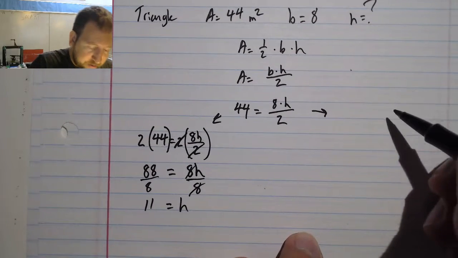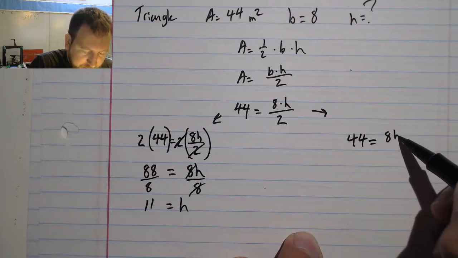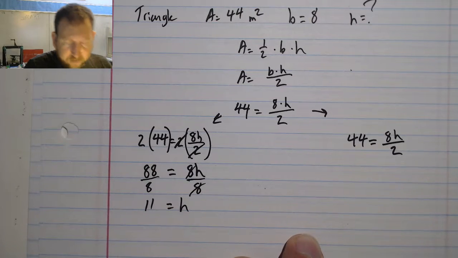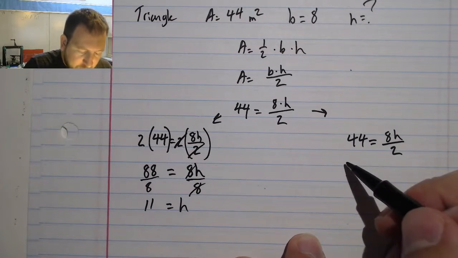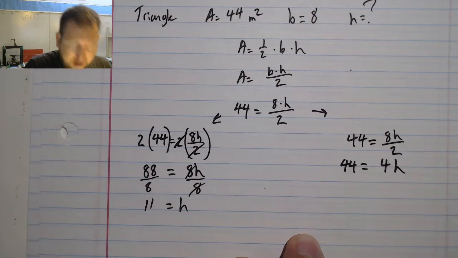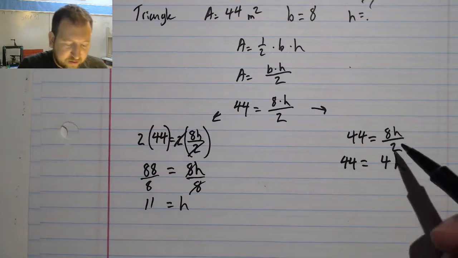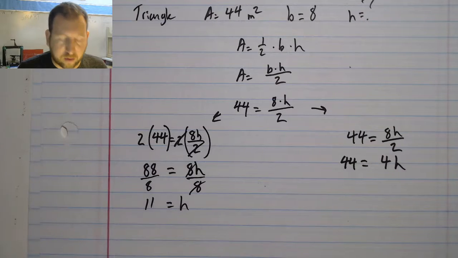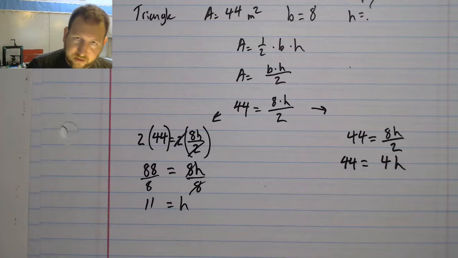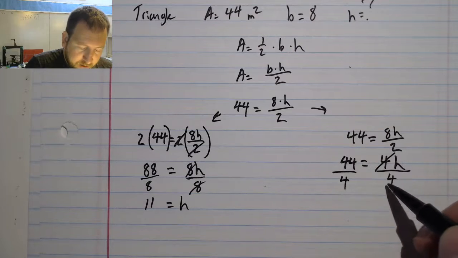Let's take a look at the other way that I could have done it. I'm going to write out my 44 equals 8h over 2. This time I'm going to simplify first, and write 44 equals 8 divided by 2 is 4 for h. I can divide any piece, and it's all commutative, because none of this is being added, so I can do whatever order I'd like. In this case, I need to get rid of that 4, because I'm trying to isolate my variable. I'm going to divide both sides by 4. My 4's cross off.